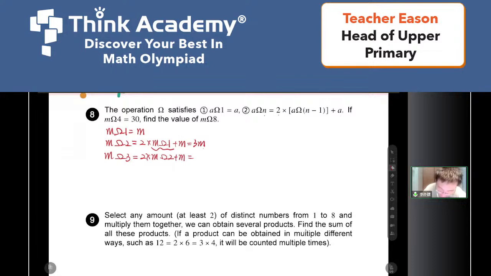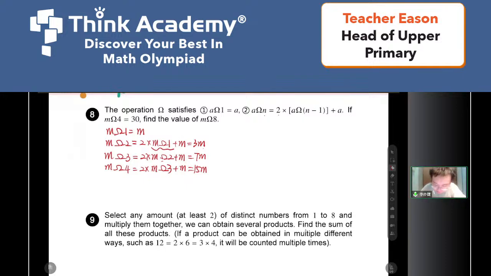So this is 7m. Then the m omega 4 is 2 times m omega 3 plus m. So this is 2 times 7m, 14, and 15m. Right, 15m. So now we get what?